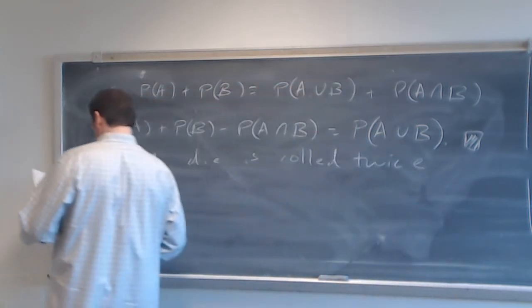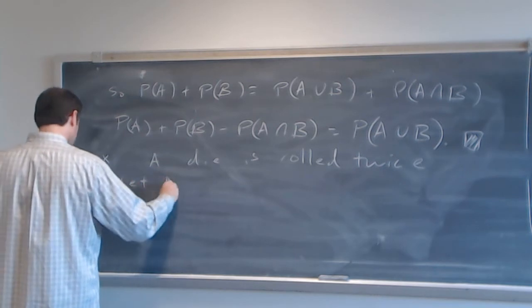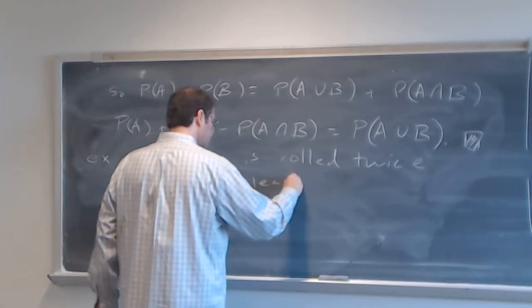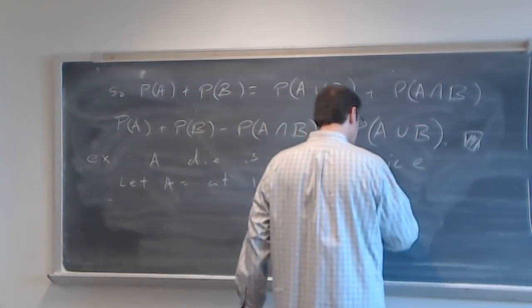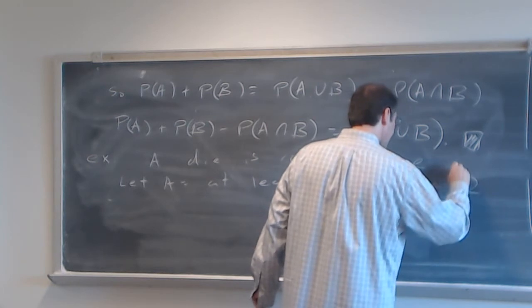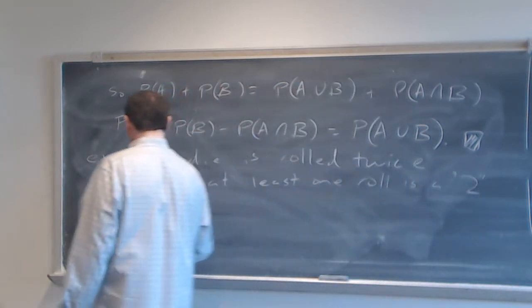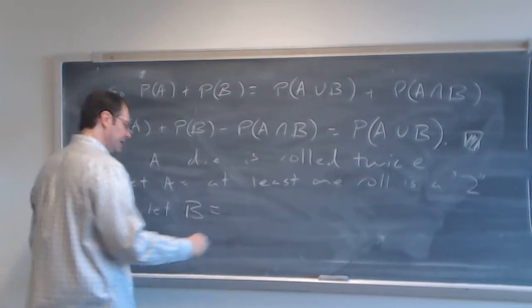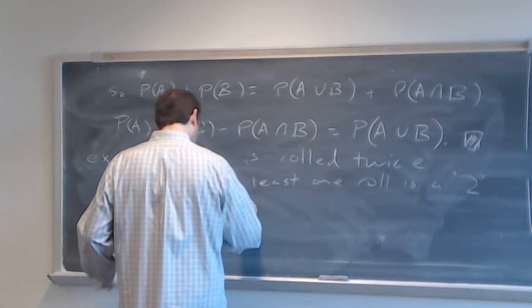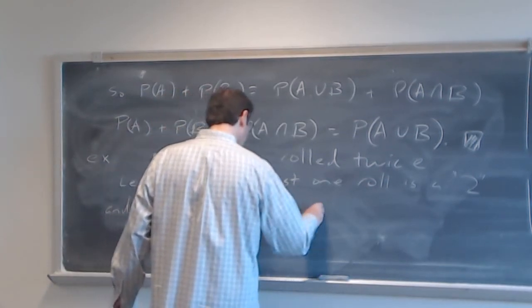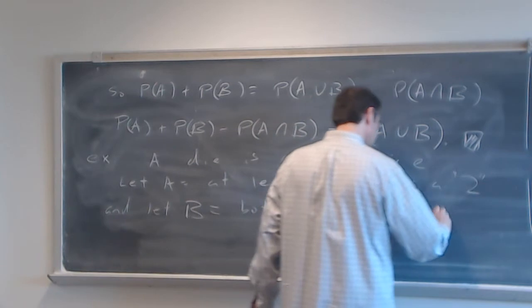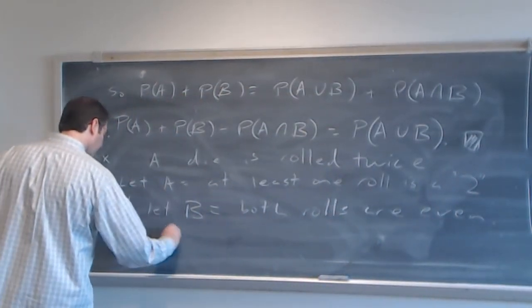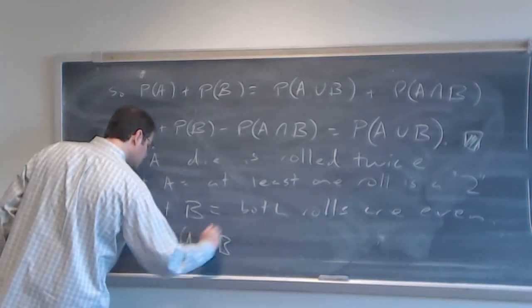Let A equal at least one roll is a 2, and let event B be that both rolls are even. And what we want to find is the probability of A union B.